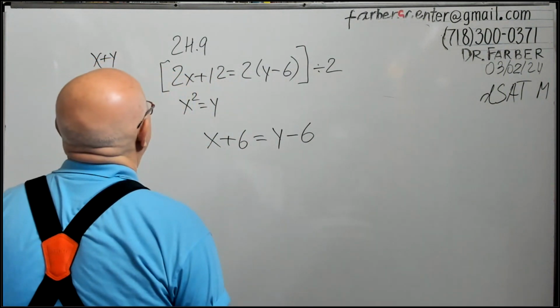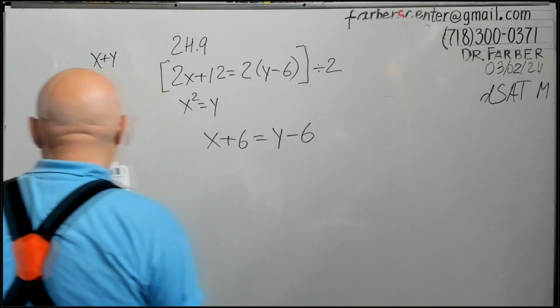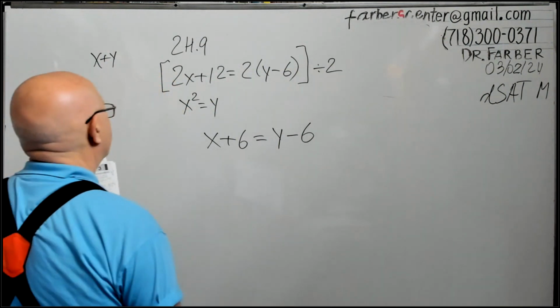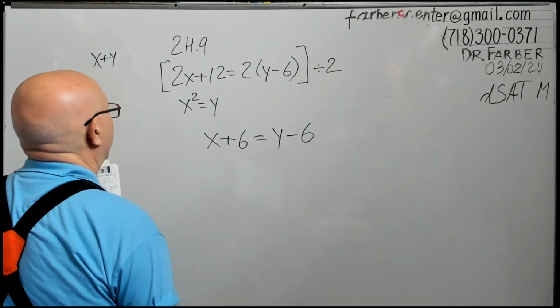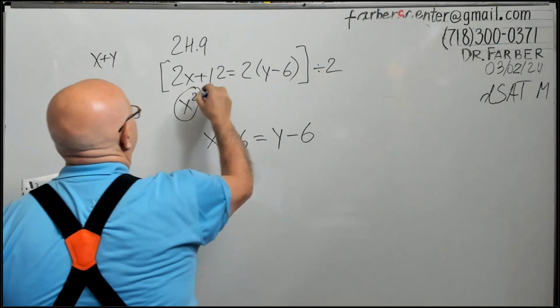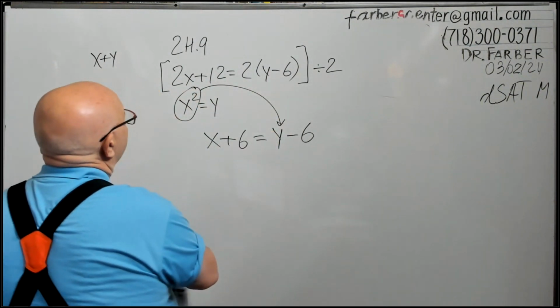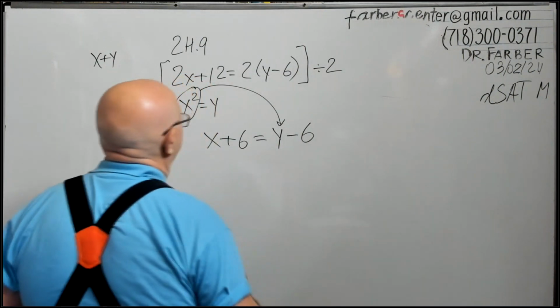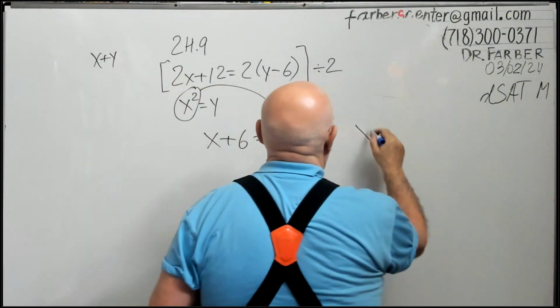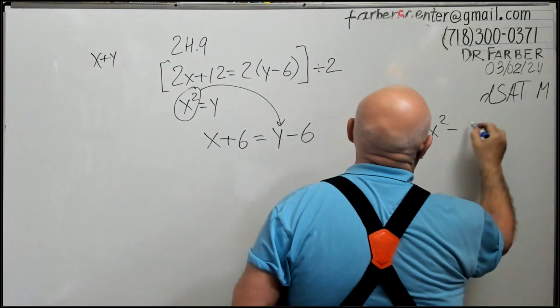And now you can plug in, for instance, instead of y, you can plug in x squared. And what do you have? x plus 6 equals x squared minus 6.